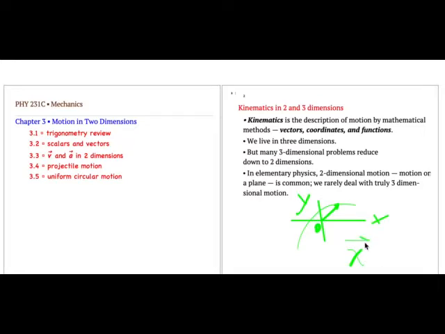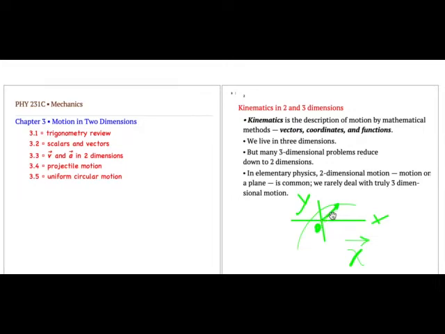Now, you have to get used to the notation. Whenever we write a vector, we put an arrow over the symbol. So x with an arrow over it stands for this vector. x with no arrow over it stands for the x coordinate. And you know they're different between x with a vector symbol and x without the vector symbol. You see, x with the vector symbol has a direction.